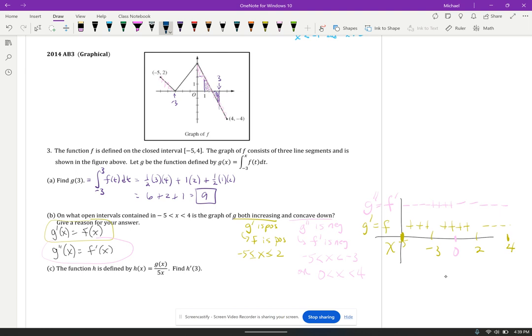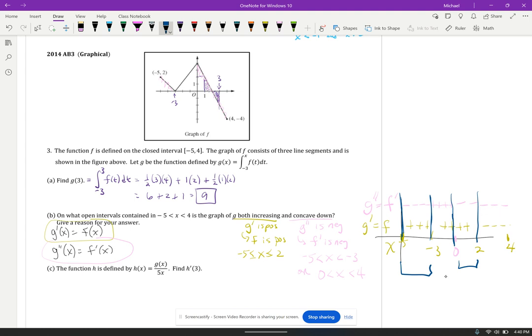So would you agree that that would happen between negative 5 and negative 3? G prime is positive, g double prime is negative. But then it's going to happen again between 0 and 2. G prime is positive, g double prime is negative.